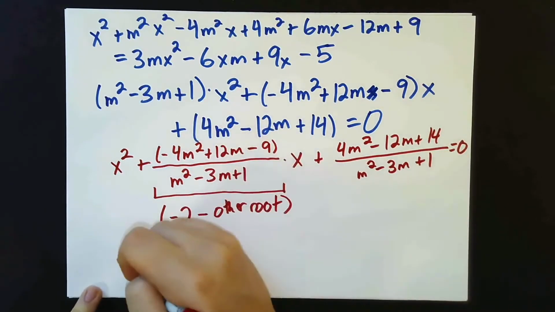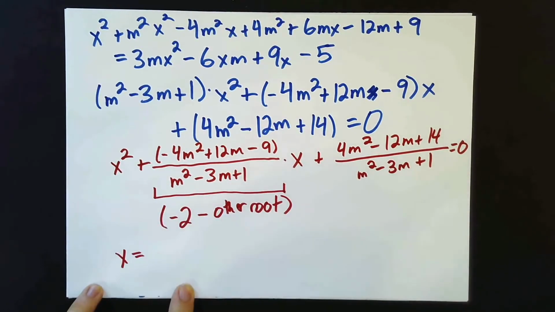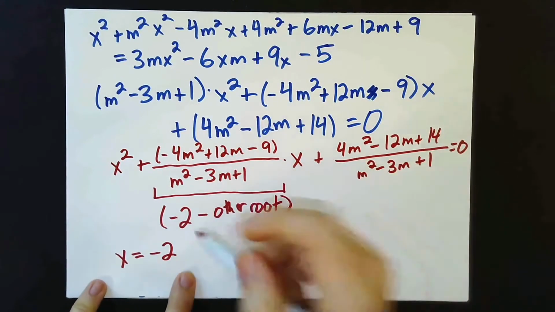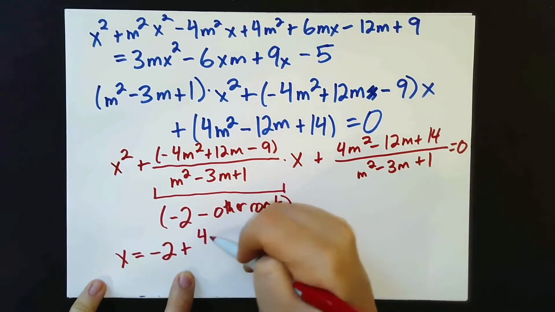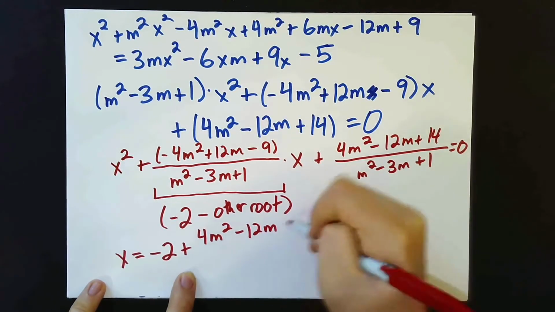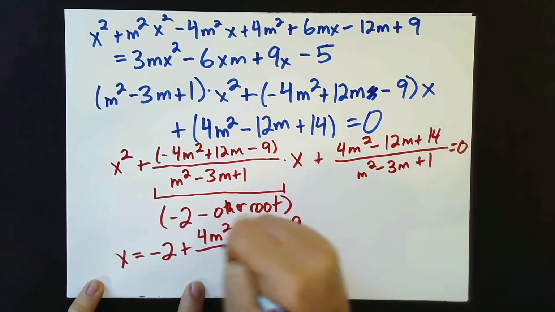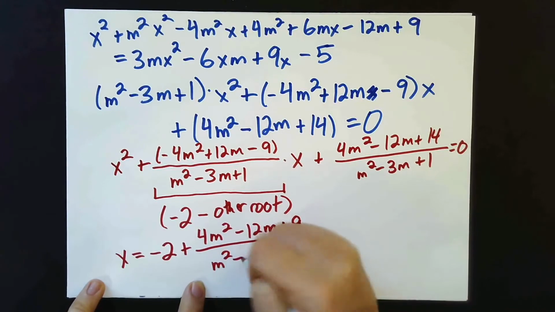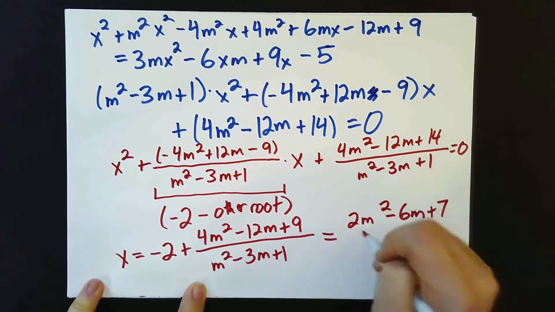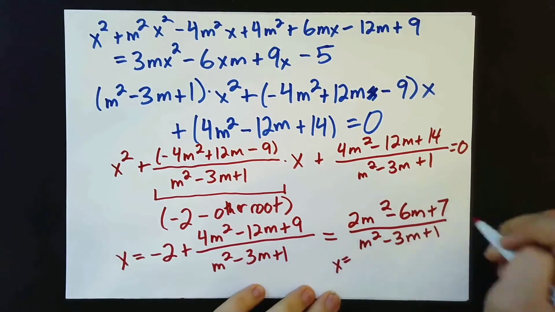So our other root here is x equals negative 2 minus this, so plus 4m squared minus 12m plus 9 divided by m squared minus 3m plus 1. We'll go ahead and clean that up into one simple fraction.